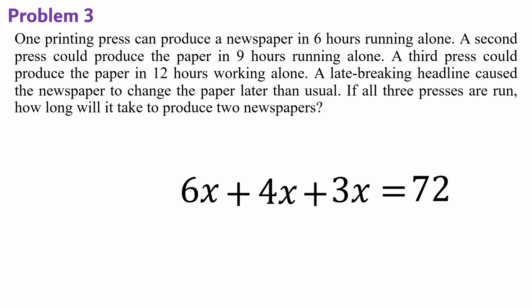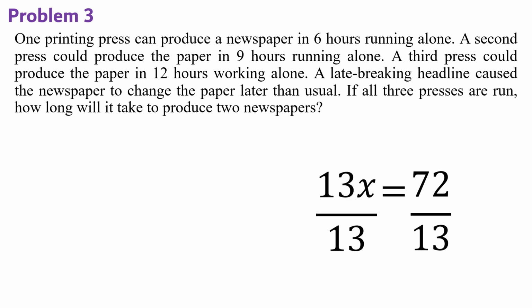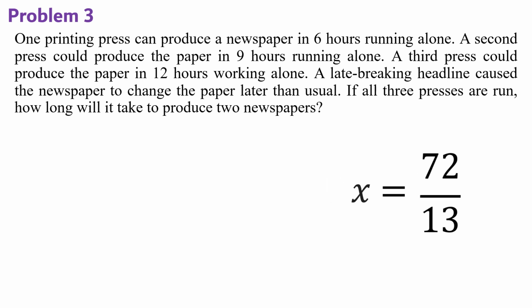Now it's easier for us to solve because there's no more fraction. So 6x plus 4x plus 3x will be 13x. Then divide both sides by 13 so that we can eliminate 13 at the left side. So what's left is x equals 72 over 13.